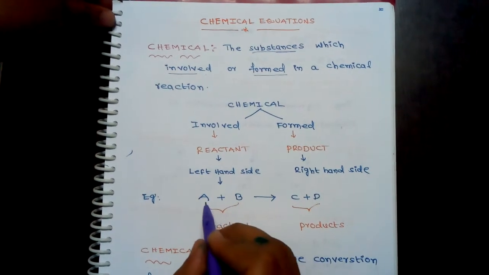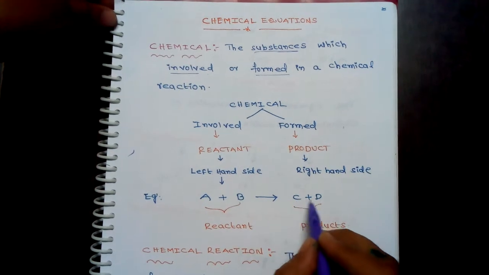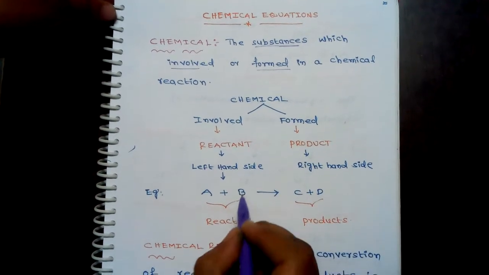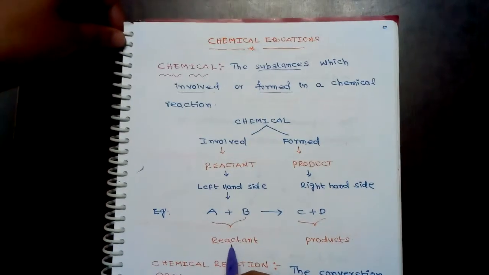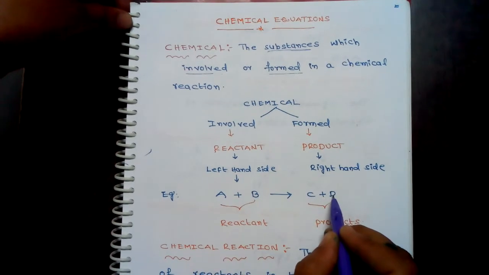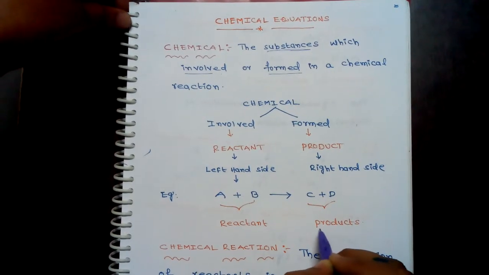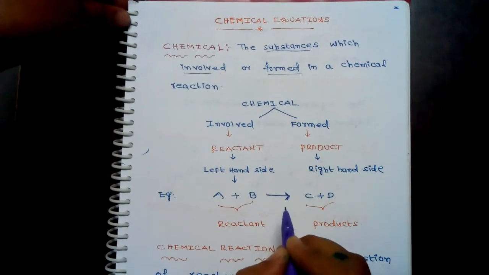For example, when A reacts with B and forms C and D, on the left hand side A and B are present, so they are called reactants. On the right hand side C, D are the products, so they are called products. The reactants and products are separated by an arrow.